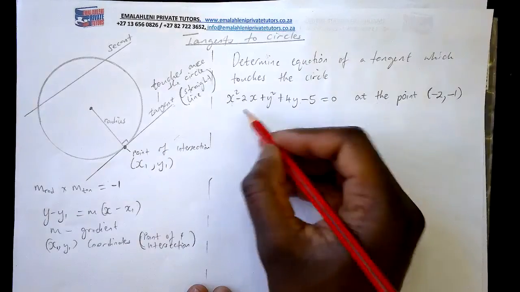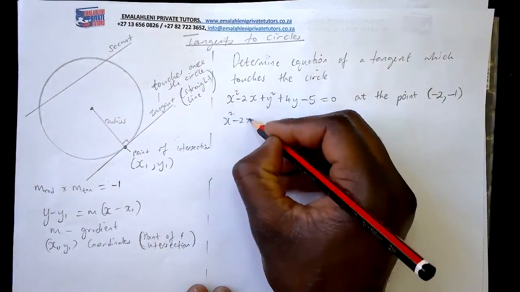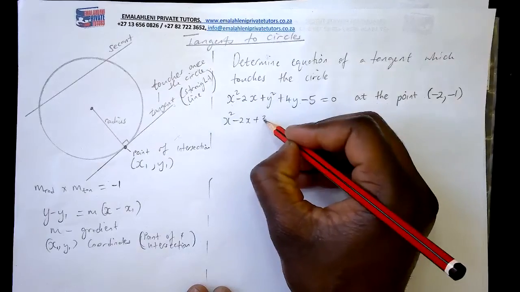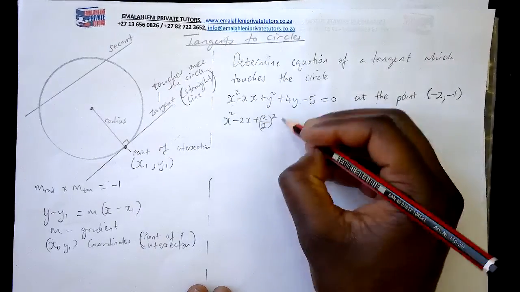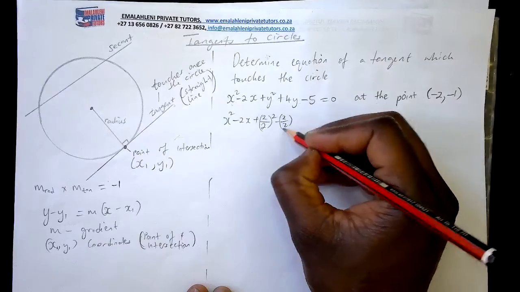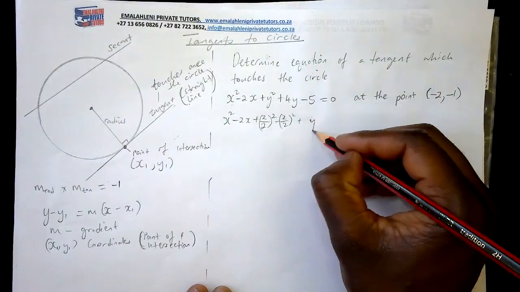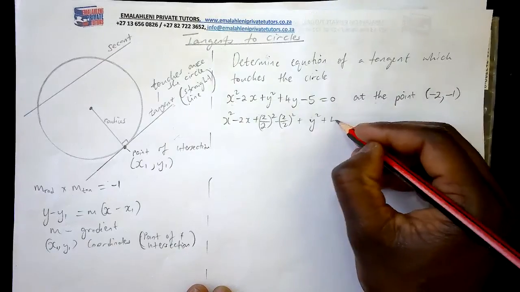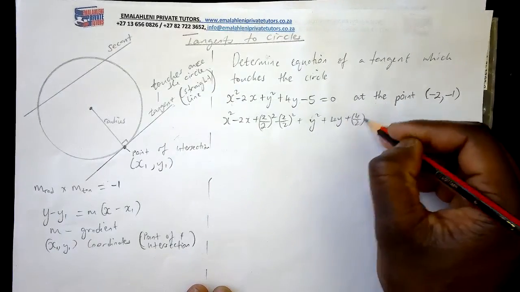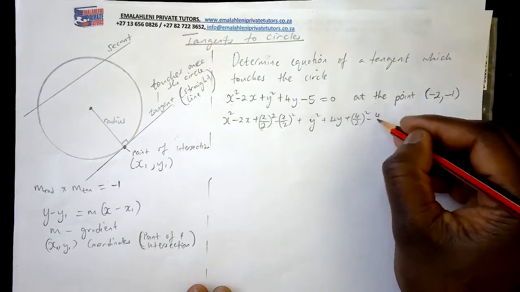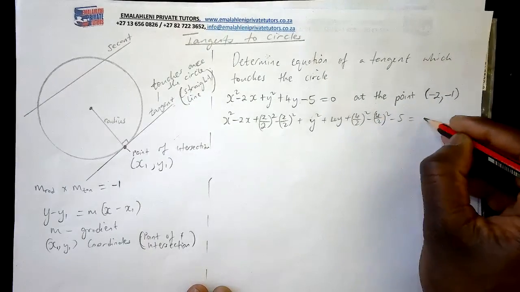So here, what are we going to do? We're going to complete the square: x squared minus 2x plus (2 over 2) squared, that is minus 2 over 2, we square that, then plus y squared plus 4y plus (4 over 2) squared, minus 5 is equal to 0.